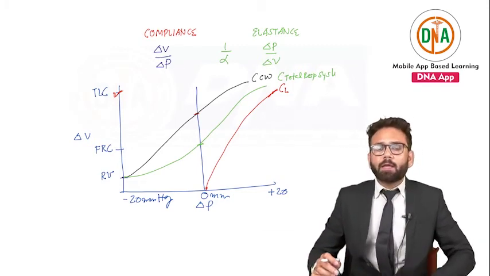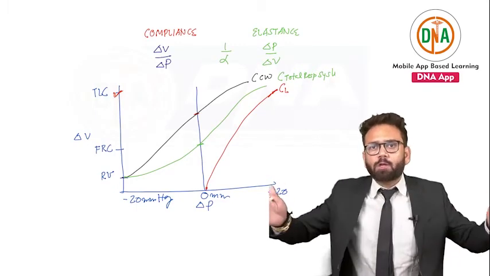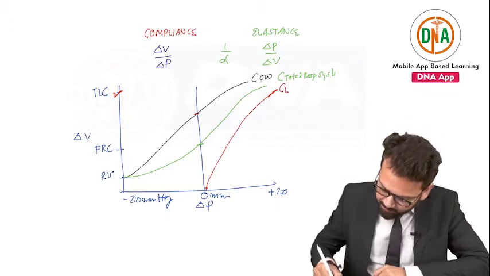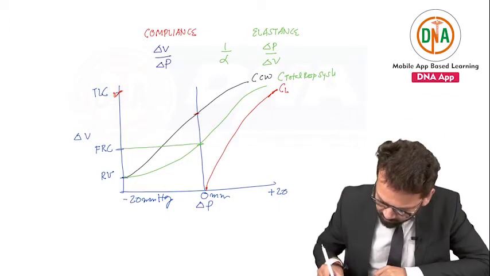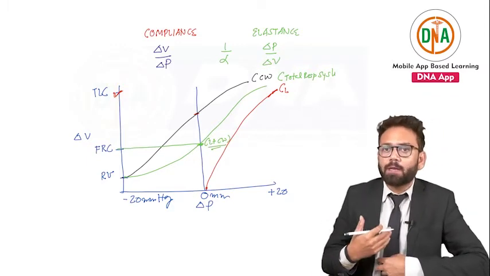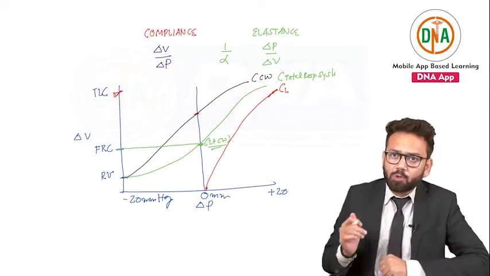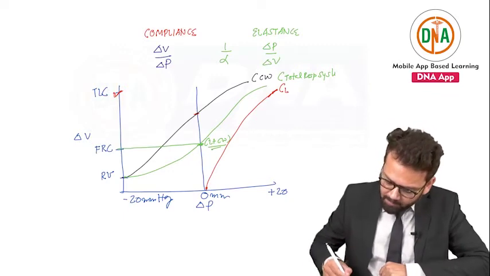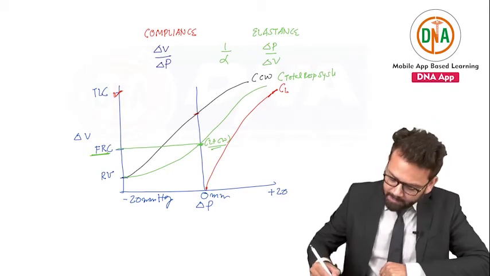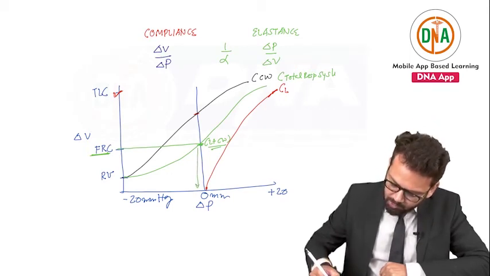So again, if we put lung and thorax separately, the lung will collapse and the thorax will expand. This is the normal functional residual capacity when the lung is along with the chest wall in living condition. If we put the lung separately, it will decrease to 0.